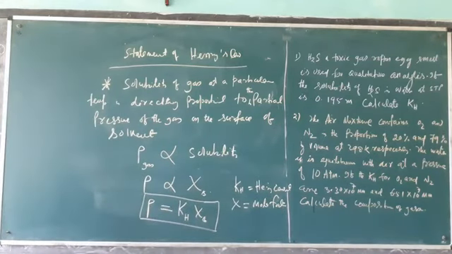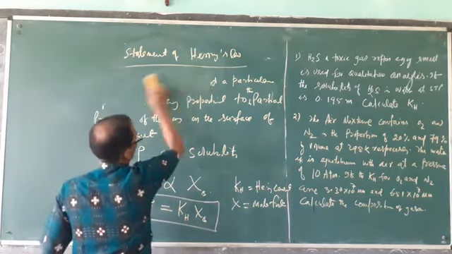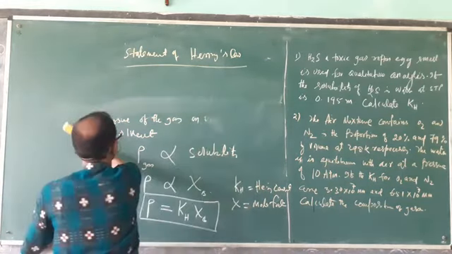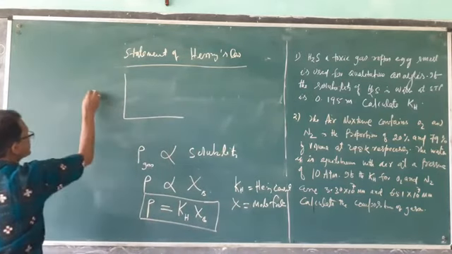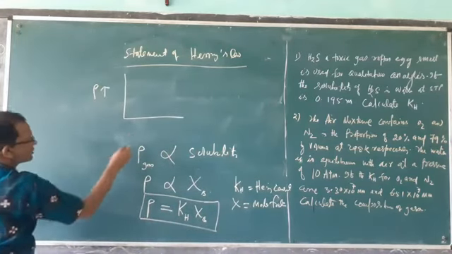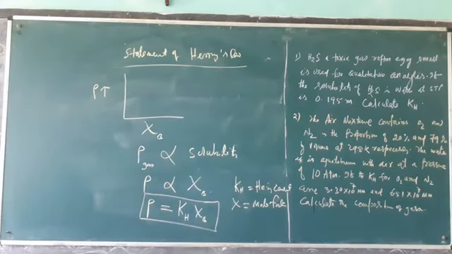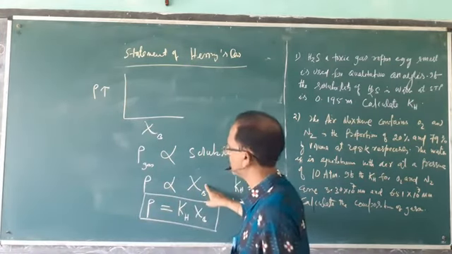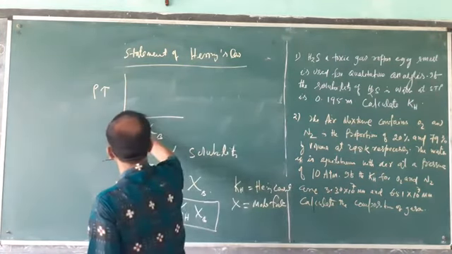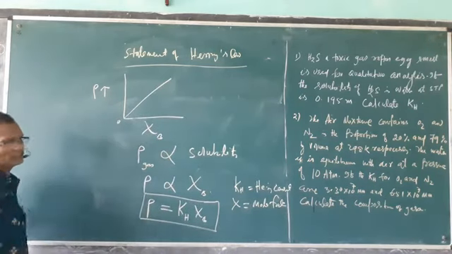So here if you draw a diagram of partial pressure and the mole fraction of gas, then as P is directly proportional to χ, it will be a straight line passing through the origin.